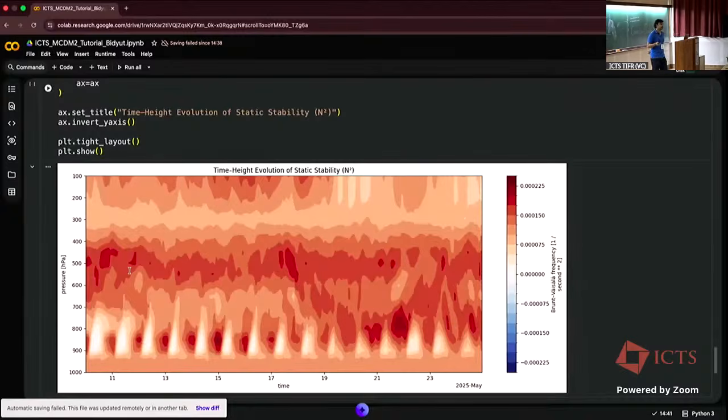I haven't done any case studies like this, so don't expect me to explain everything. I'm just telling what I wanted you to tell: that I see slightly darker and lighter shades, and repeated strengthening and weakening, white and red patches of Brunt-Vaisala frequency.